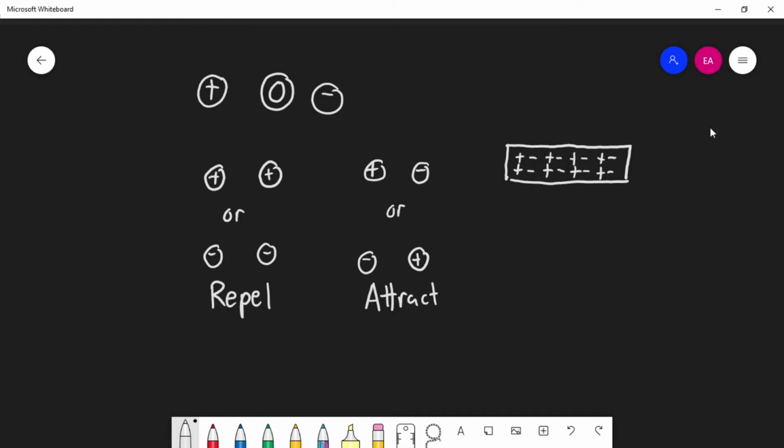However, if you place, say, a negative charge near it, what happens there is actually the electrons will be repelled to one side, leaving one side more positive than the other. So it would become the picture at the bottom.